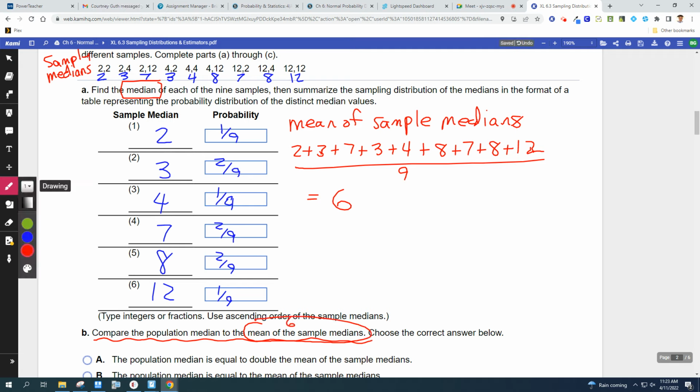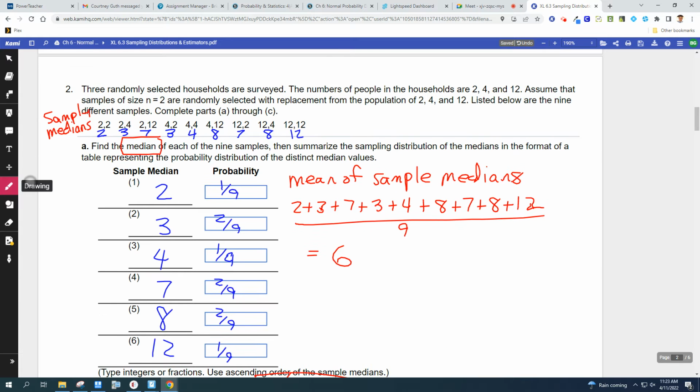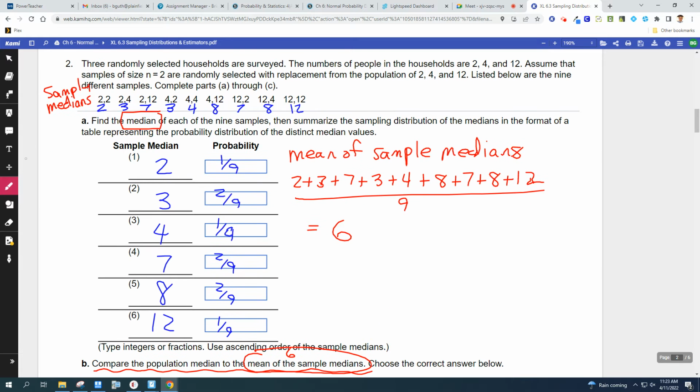Now the population median is even easier, because all you have to do is look at the population, and the population were these 3 numbers. So the population median, 2 and 4 and 12.